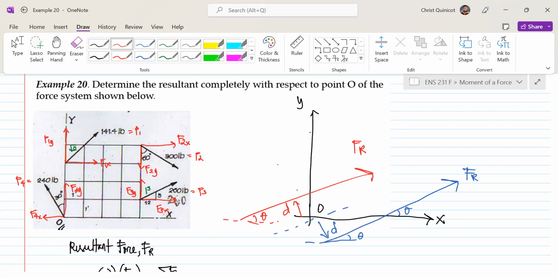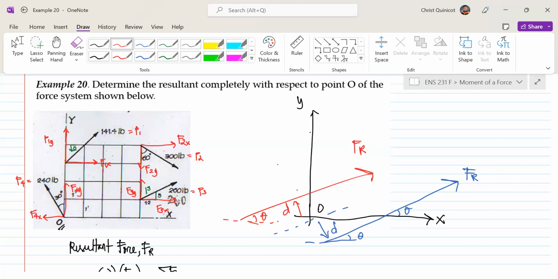But we do know that if you want to locate the distance of our resultant force from point O, we can only rely on the concept of moment, which is the resultant force times a certain perpendicular distance from the point where we are calculating our moment. But again, we go back to our dilemma of whether our F sub R is the red one or the blue one.